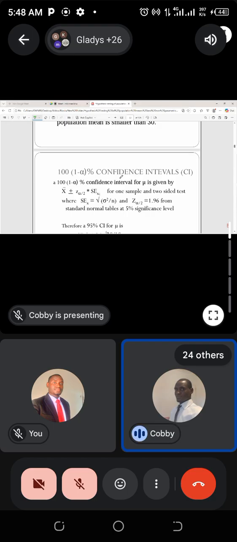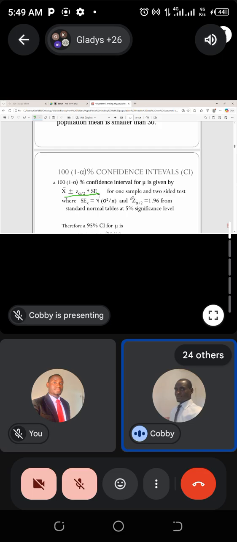And now this one is given by this formula, which is x bar plus or minus the z absolute value for two-tailed times the standard error, where the standard error is given as the variance divided by the total number of participants in that study.